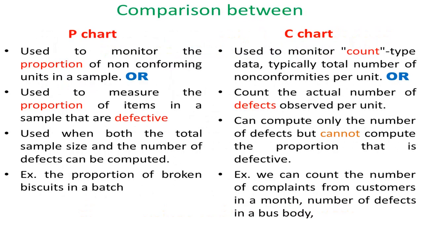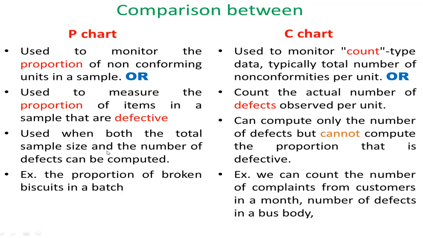Now, comparison of the P chart with the C chart. The P chart is used to monitor the proportion of non-conformities within a sample, or another way to explain it, it is used to measure the proportion of items in a sample that are defective. Similarly, on the other side, the C chart is only used to count the number of defects or non-conformities per unit.